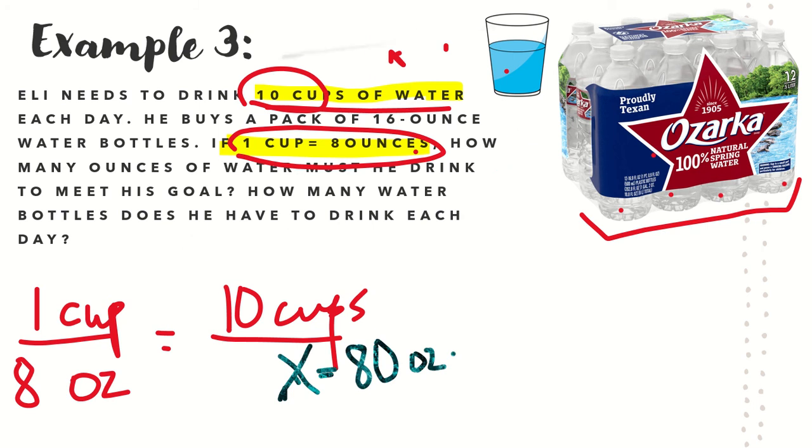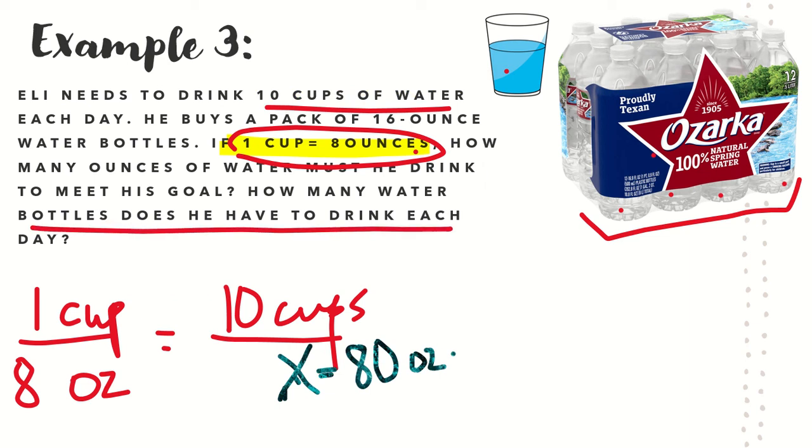The second question says, so how many water bottles does he have to drink? Well, if this is how much, 80 ounces, how many water bottles basically is that? Each water bottle, remember, is 16 ounces. So how many of those equal 80?